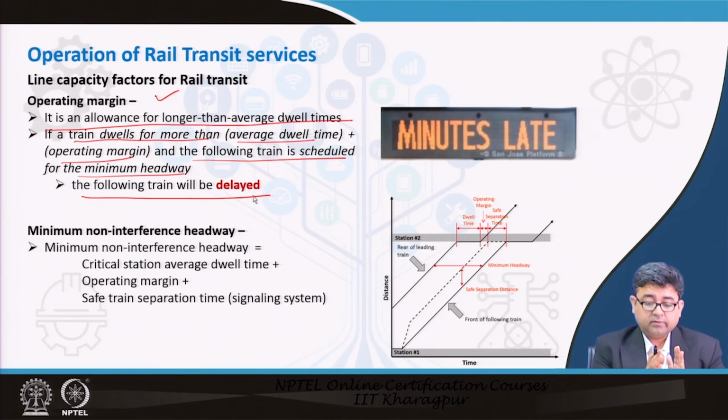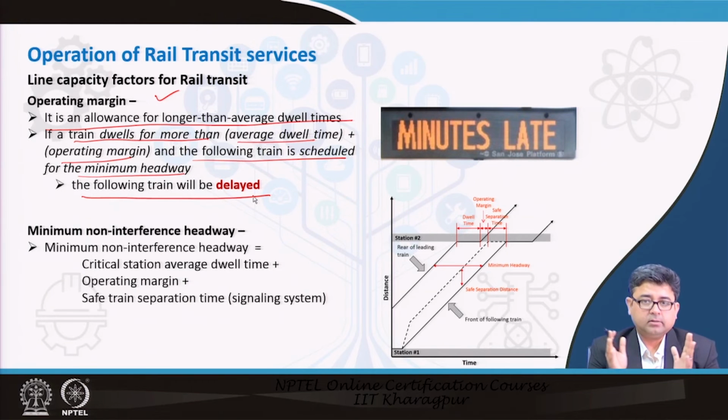So, there is always this operating margin that is given to each of the train lines, that you have this buffer. The operating margin can be looked at as a buffer time: if you want to wait in a station for 2 more seconds you can do so.